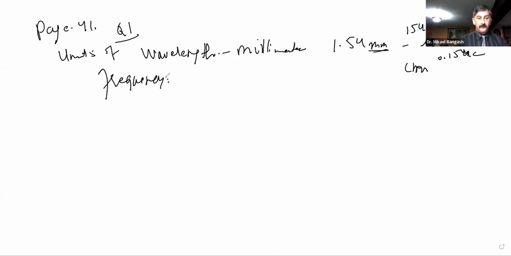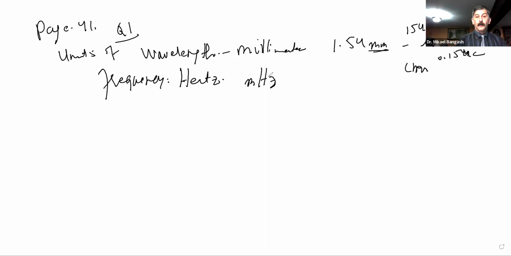The other one is going to be frequency. The actual unit for frequency is going to be hertz. Now you're probably not going to see a fraction of hertz, you're not going to see something that will say millihertz. Clear?